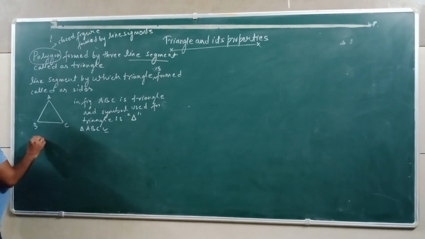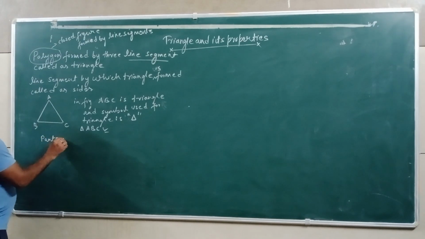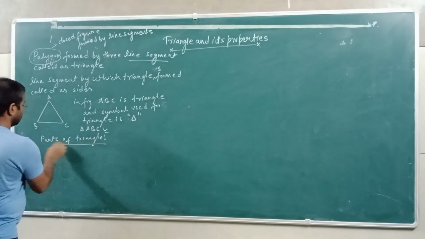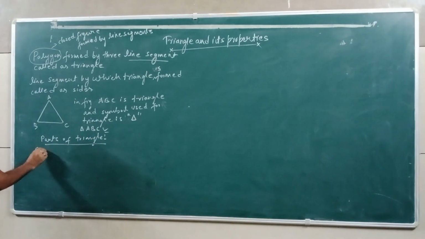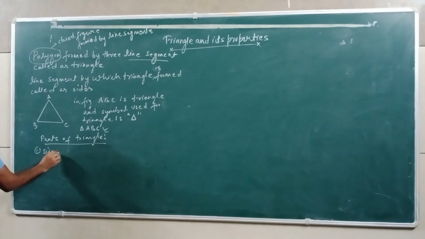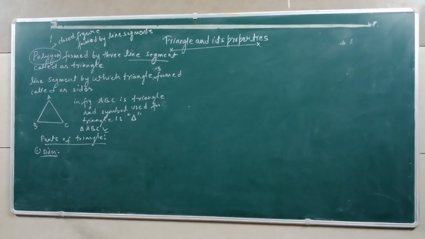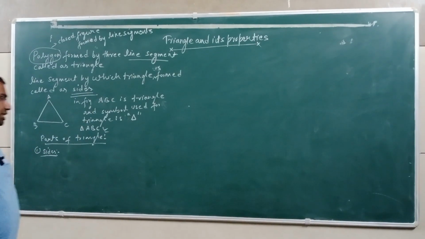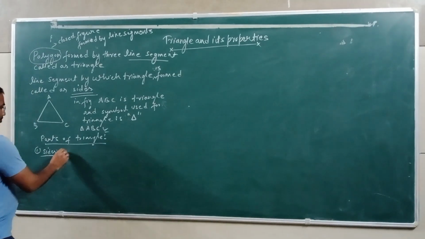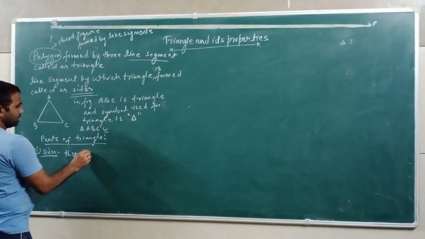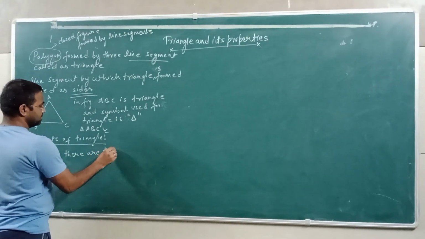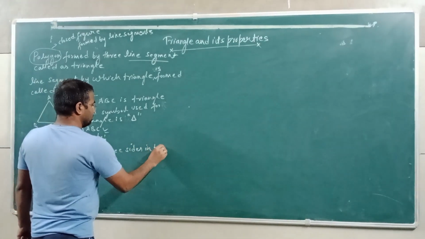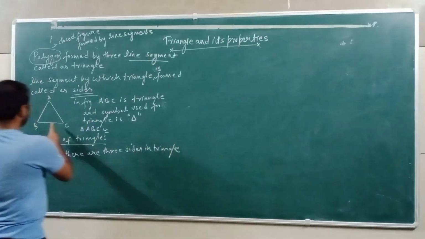Now, parts of a triangle. First one is sides. Here we have learned sides. What is a side? A line segment by which a triangle is formed is called a side. There are three sides in a triangle.